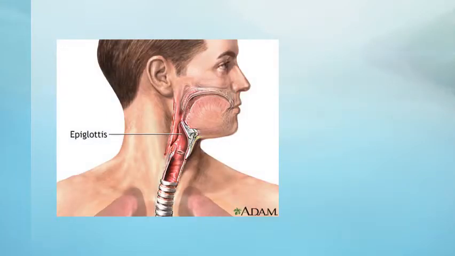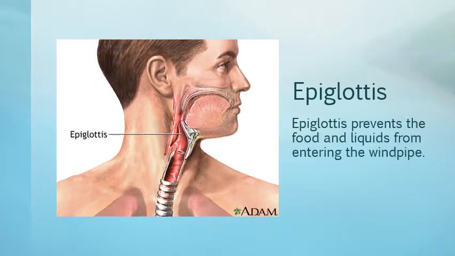This is epiglottis. This is the organ that is used to prevent food and liquids from entering the windpipe when we breathe, and to make sure that the food and liquid enter the right track when we eat or drink.